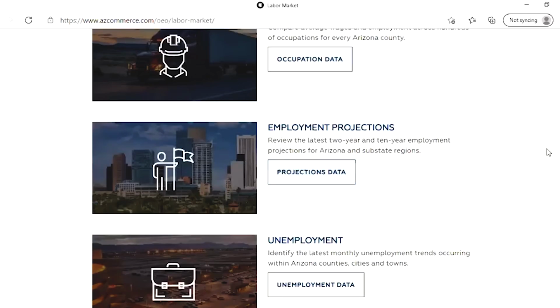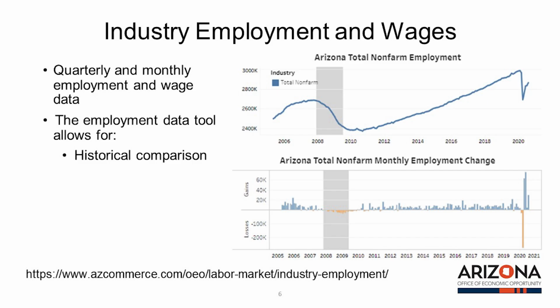All of the pages are linked here. I will be going over most of these today. The first set of information that I'm going to go over is industry, employment, and wages. This data is updated each month, and it's really helpful to see what's going on and allow for historical comparison.